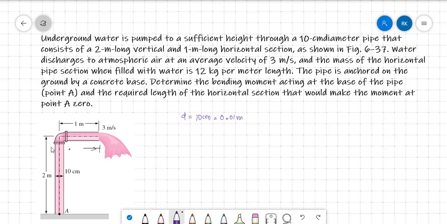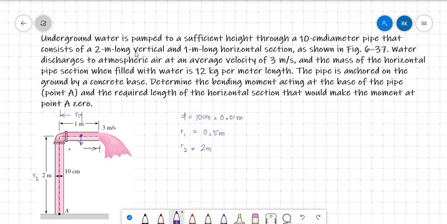Let me say this is R1 and this is R2. So R1, I'm considering up to this point. The weight will be the weight of this horizontal section with the water, which acts at this point, and this is R1. So R1 is equal to 0.5 meter, and R2 will be 2 meter.